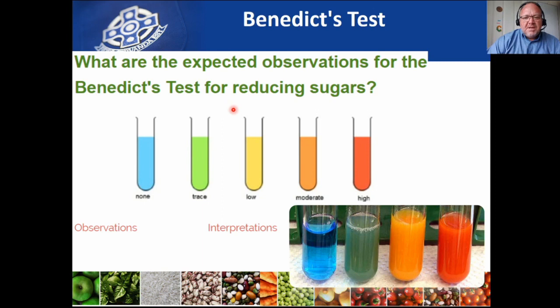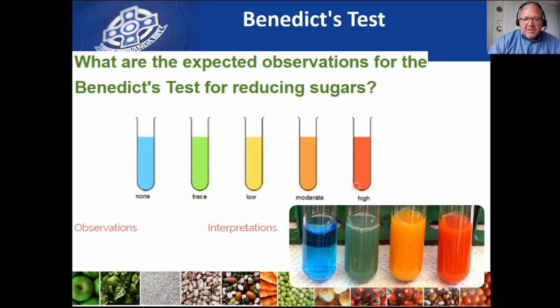When you have a low amount of sugar, it turns a lighter orange, almost yellowy orangey. And then moderate, as you can see here, it kind of looks like a nice orange carrot color. And then red gave you a high amount of sugar contained. So this would have been something like an energy drink or a Coca-Cola or something like that.